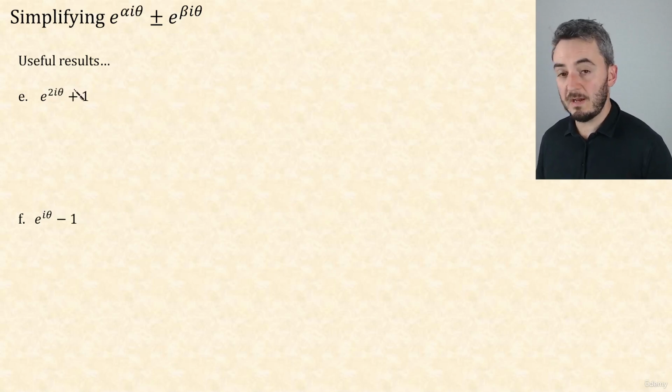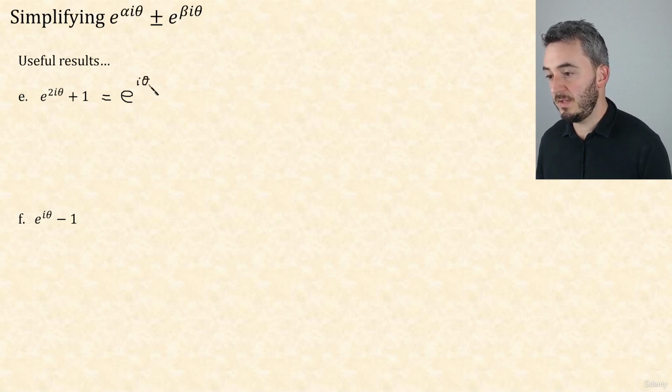In this case, we don't have that, but we can force the issue by cleverly factorizing out a particular value. In this case, if I force out a factor of e to the i theta, what I'm left with is e to the i theta plus e to the minus i theta.